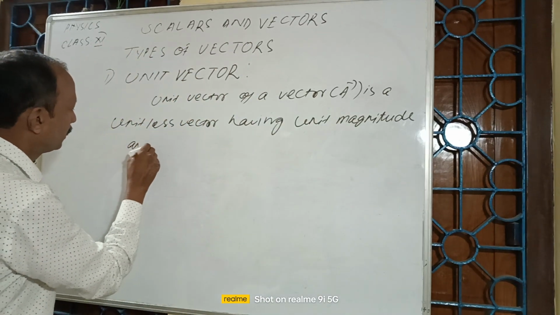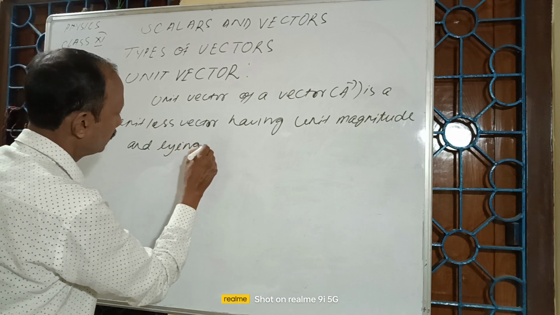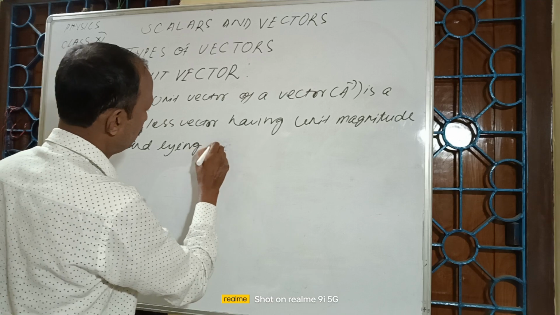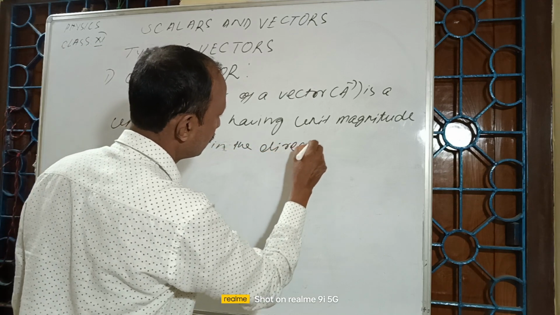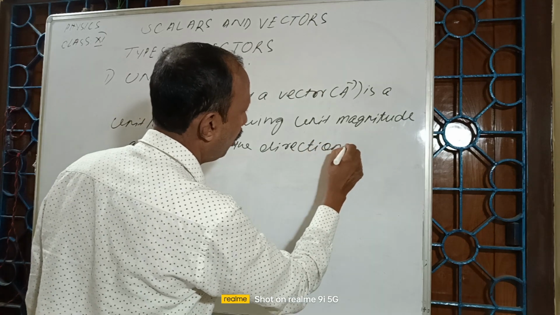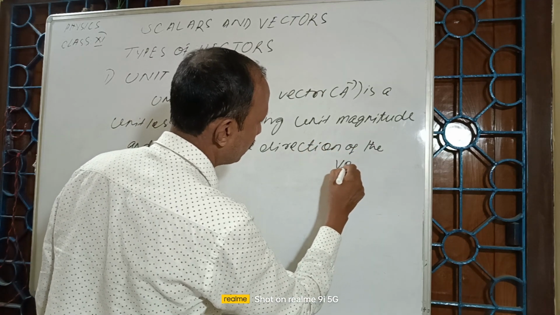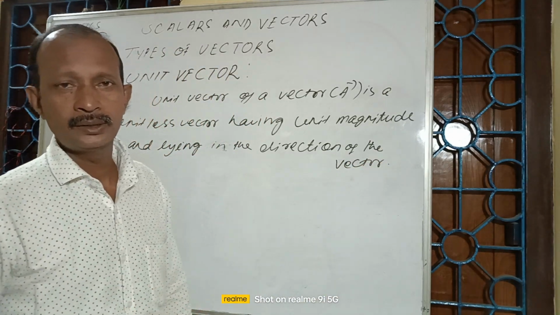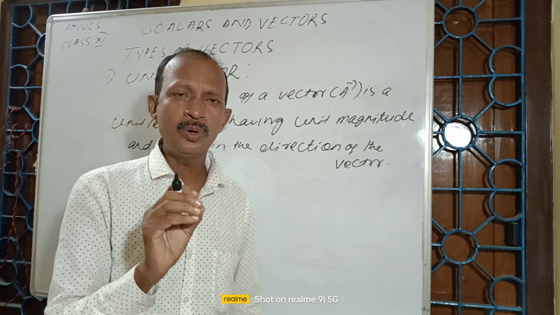And lying in the direction of the vector. That means I want to say that unit vector means its magnitude is 1.